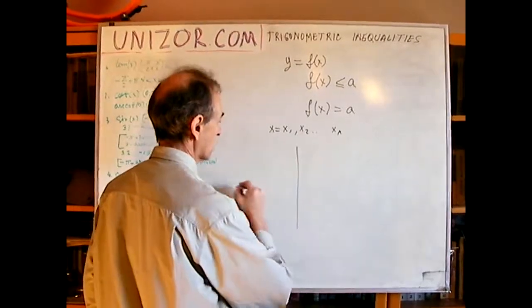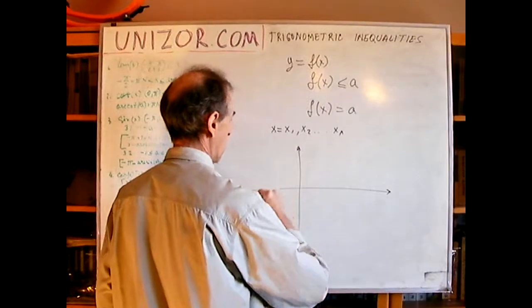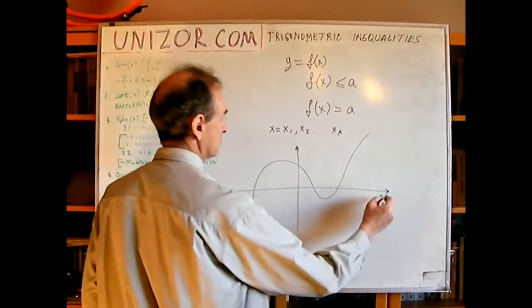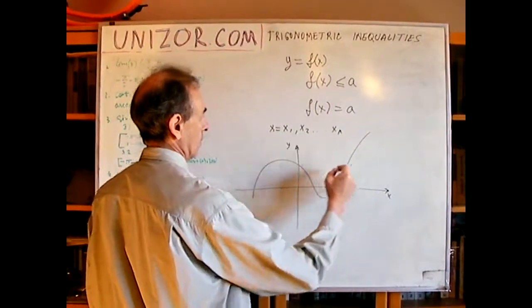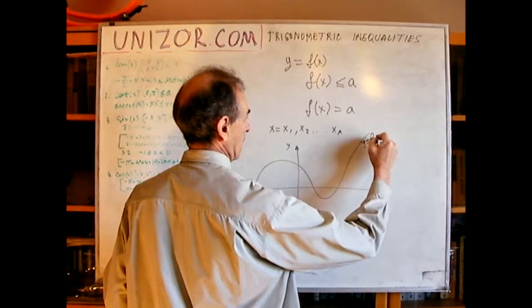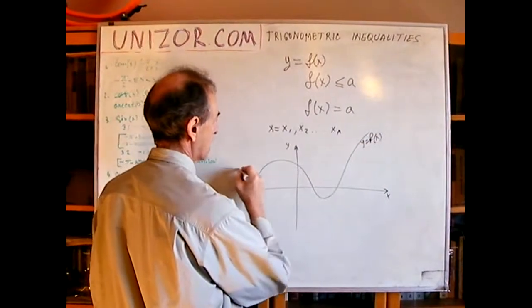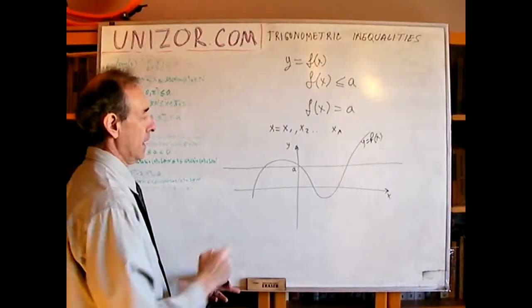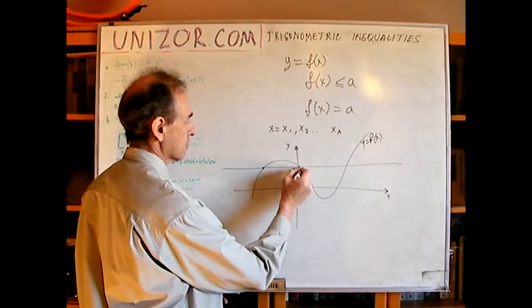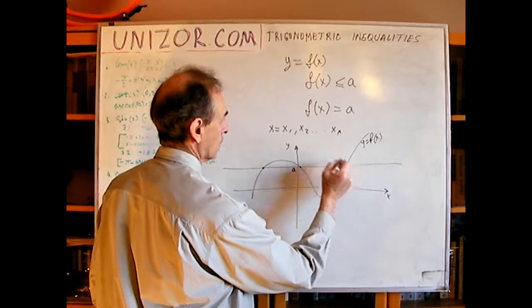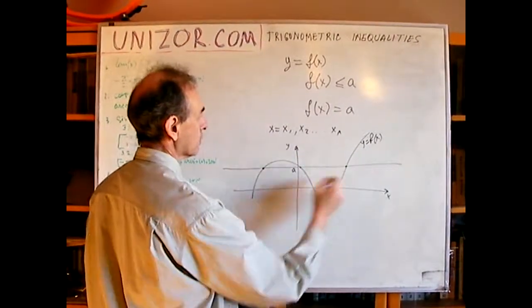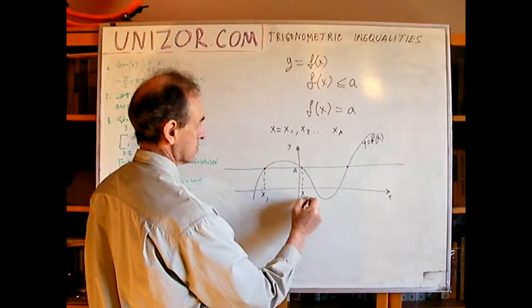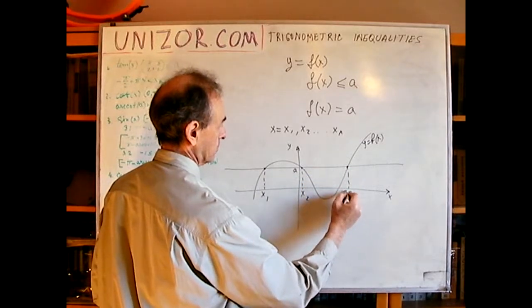Then look at the graph. If this is a function f of x, and this is a, and I found these points where function f of x is equal to a: x1, x2, x3.